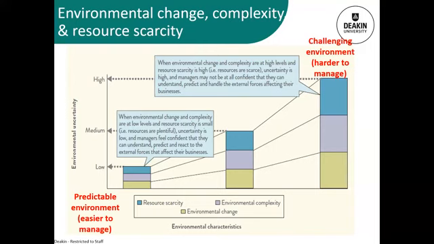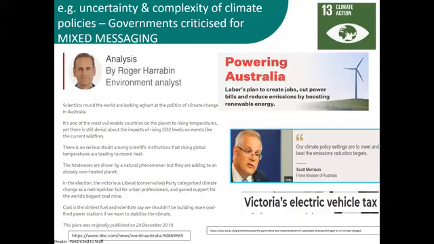So things can change. The less predictable and the more complex the environment is, the harder it is to manage. And that has, of course, a huge impact on strategy and the decisions that managers need to make.